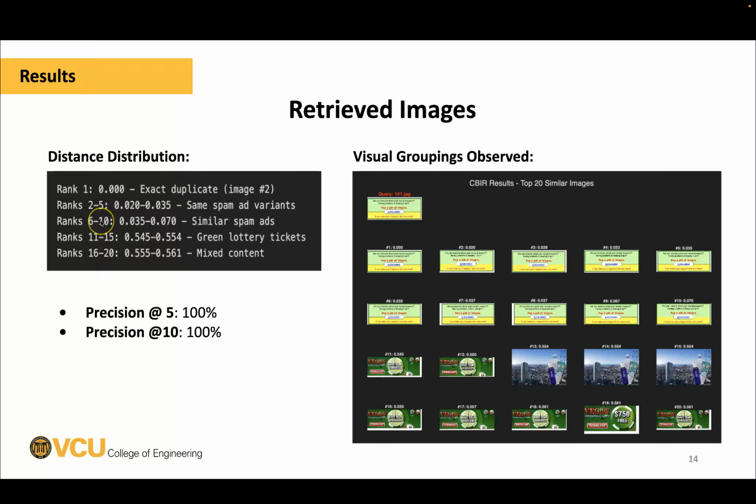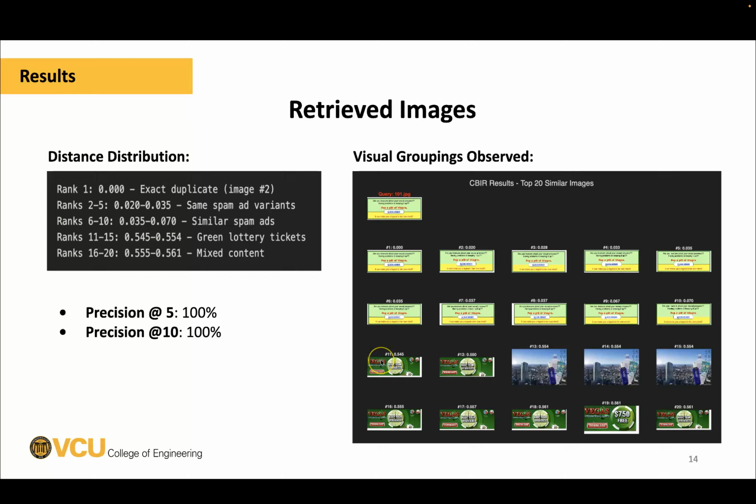From 2 to 10, the distances are below 0.07, meaning that we found variations of the same image or advertisement. So it shows that there is some robustness to any minor modifications that are done to these images.